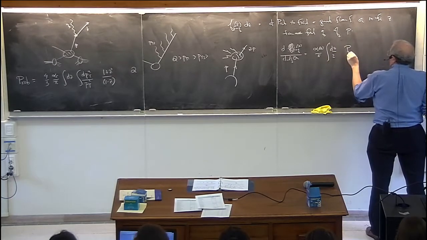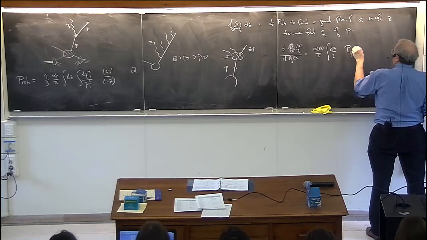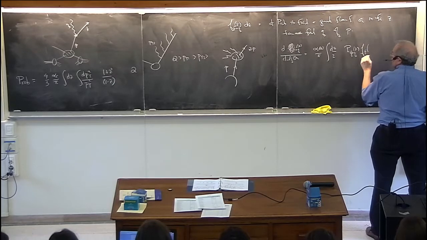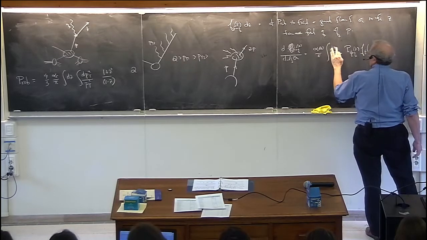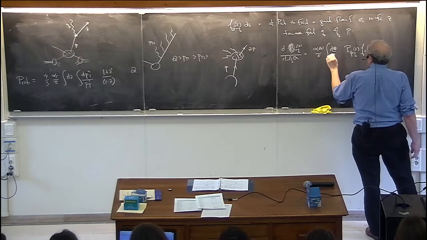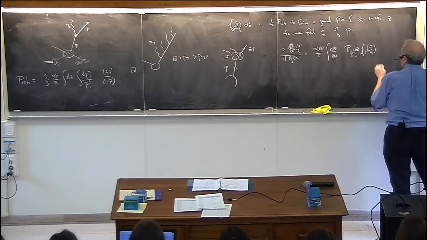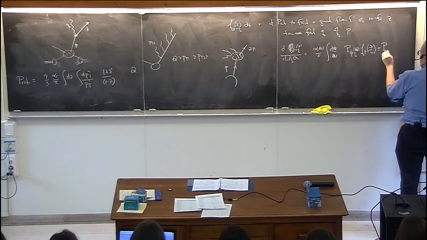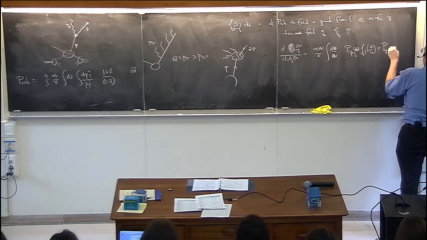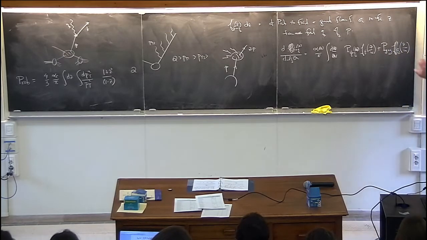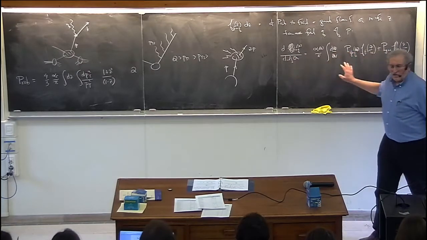The same Altarelli-Parisi splitting kernel, q to q, f sub f of, oh, I should call this w maybe, z over w, plus the splitting from a gluon to a gluon, f gluon of z over w. And all of these fragmentation functions, again, are functions of q.